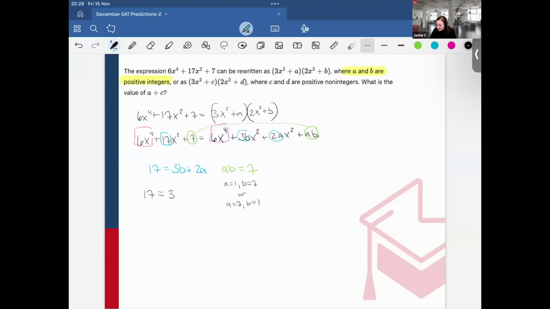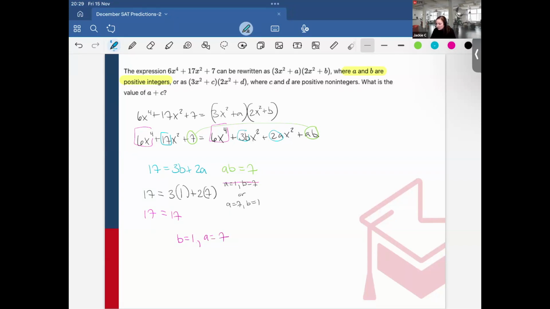It must be that b is 1 and that 2a is equal to 14, because that would be the only condition in which this would equate to 17. Okay, so I know for sure that b is equal to 1 and a is equal to 7 in this case.